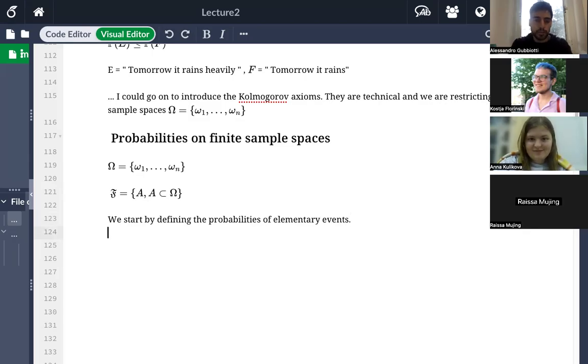So for instance, we have n elementary events, so we have to define n numbers.